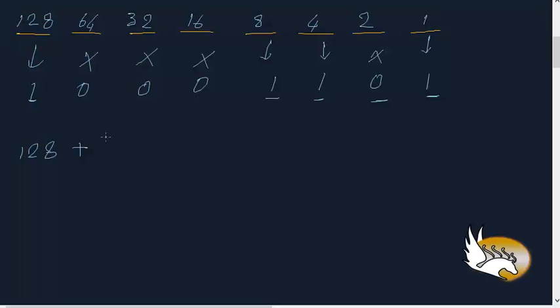We have a value of 8. I add this to this value. We have a value of 4. And I add this value to 1 here. So you can see that I assign the value of each bit to the bit corresponding to that place if it is 1. If that is 0, I'm not going to assign any value to that.